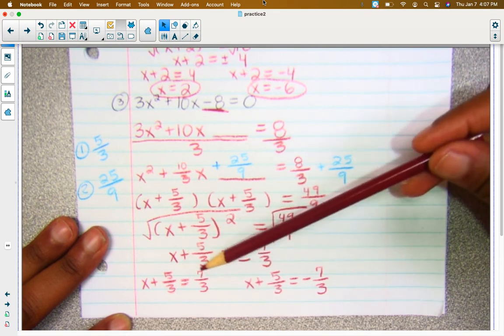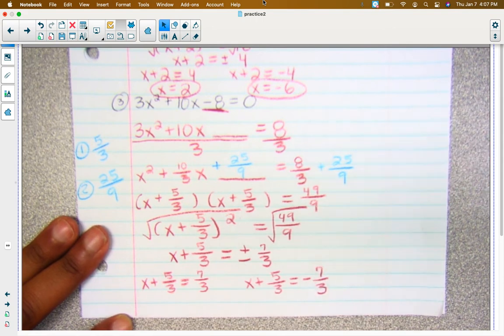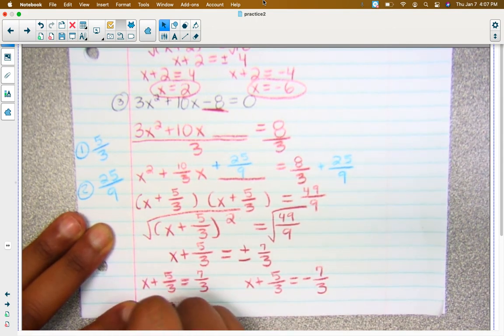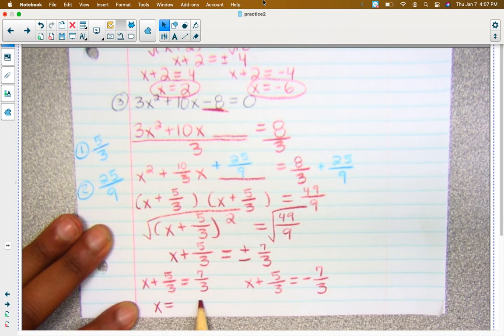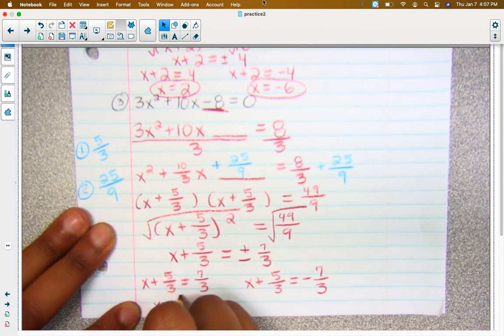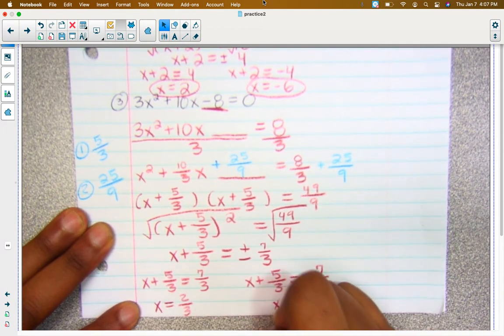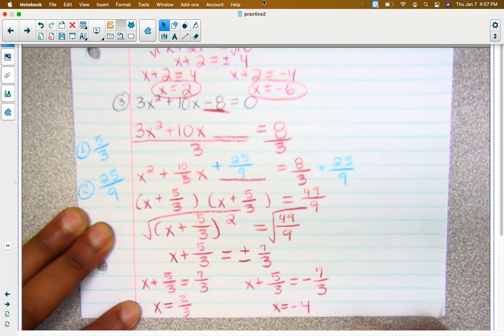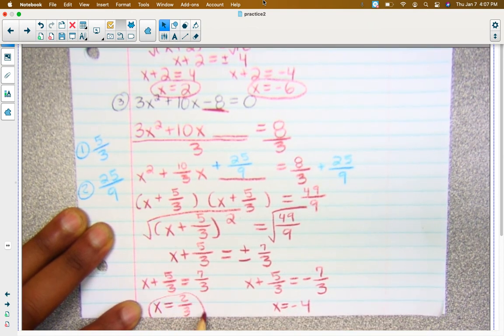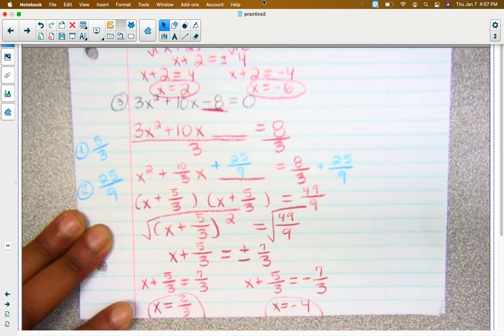So I set it equal to the positive and the negative. We use our calculator, subtract 5/3 from both sides. On this side, we get 2/3. Subtract 5/3 from both sides. On this side, we get -4. So this is my answer, and this is my answer.